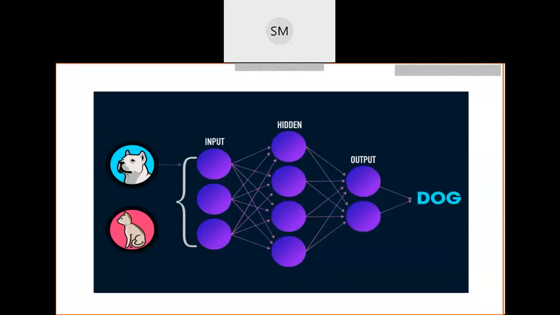It means that here our animal, whether it is a cat or a dog, our machine has to identify it, so n number of images we have to, just a second.